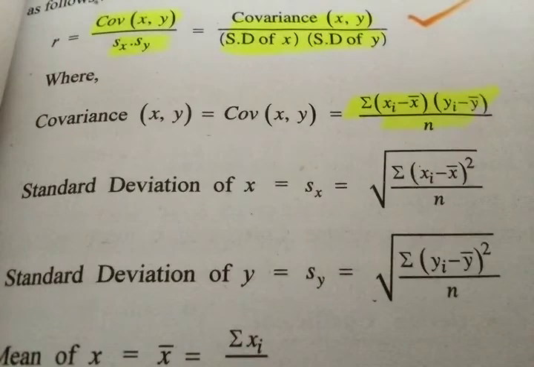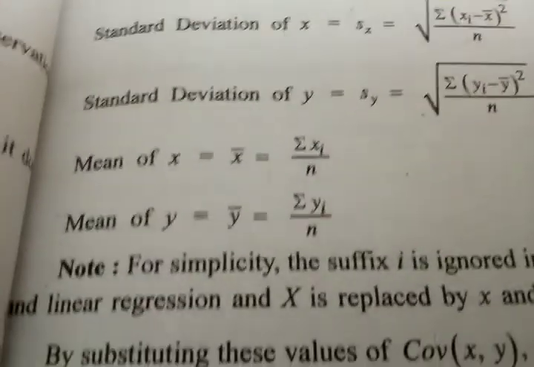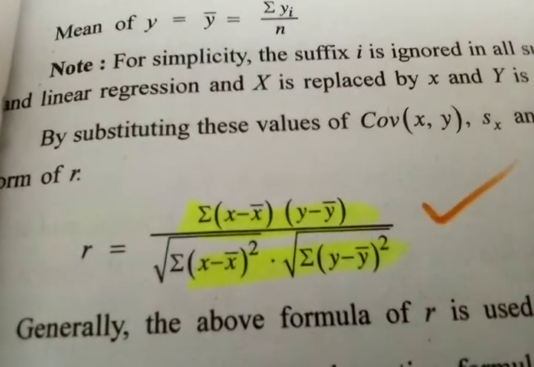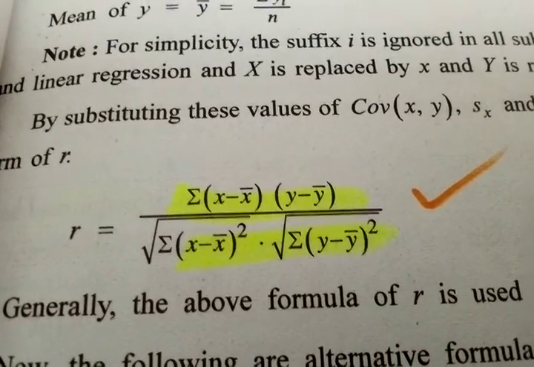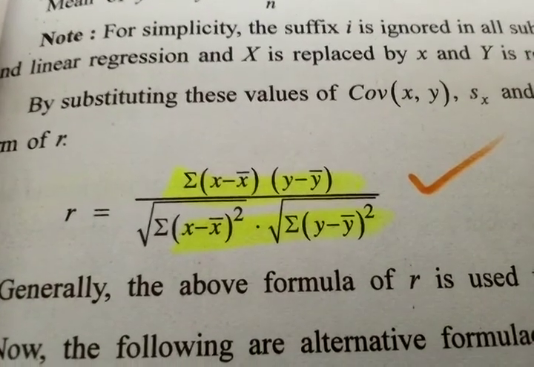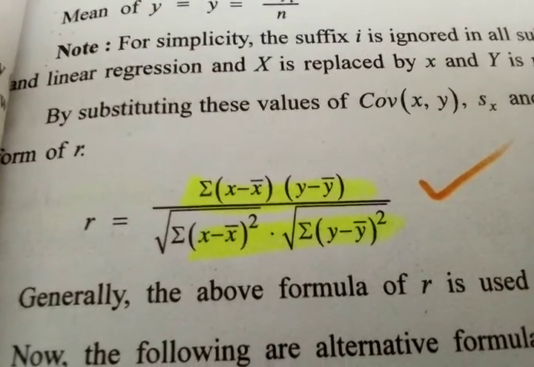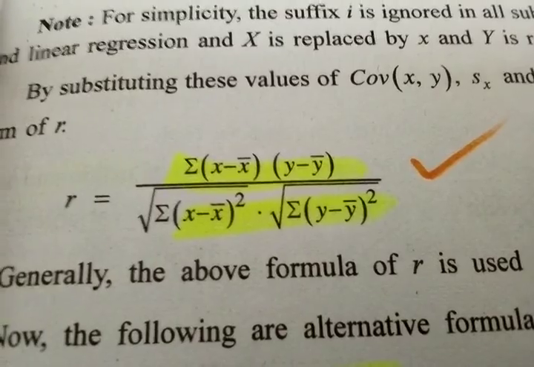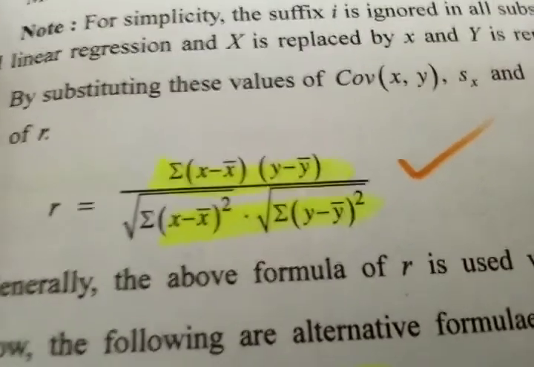So when you apply the equation, we can make a formula from that. This way it will appear: sigma x minus x bar into y minus y bar upon square root of sigma x minus x bar the whole square into sigma y minus y bar the whole square. N was there under root, so both n's will get cancelled, and therefore this is the formula, r equals. So first formula you have to study is this.